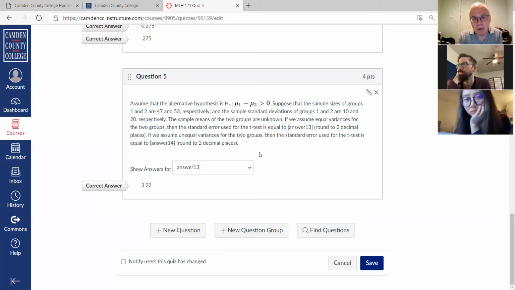If we were going to create a confidence interval for this, we use the same standard error. It doesn't change. It's just used differently in the confidence interval, because you're multiplying it by the critical value as opposed to dividing it into the test statistic for a hypothesis test.